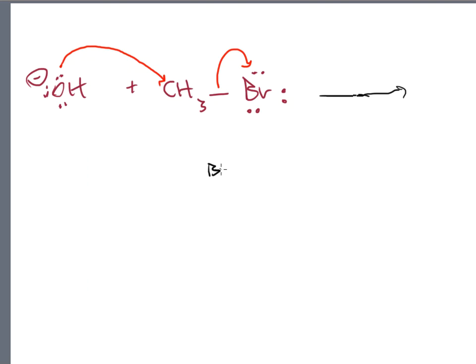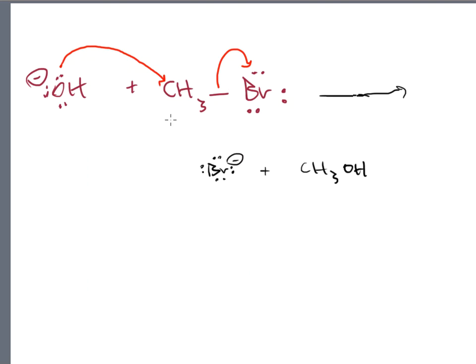So bromine goes off on its own. It carries with it those electrons, so it carries with it a negative charge at this point. That's why the arrow started at the bond and was pushed toward the bromine. And then now what we have is a CH3OH group. That OH group has come in and substituted for the bromine.